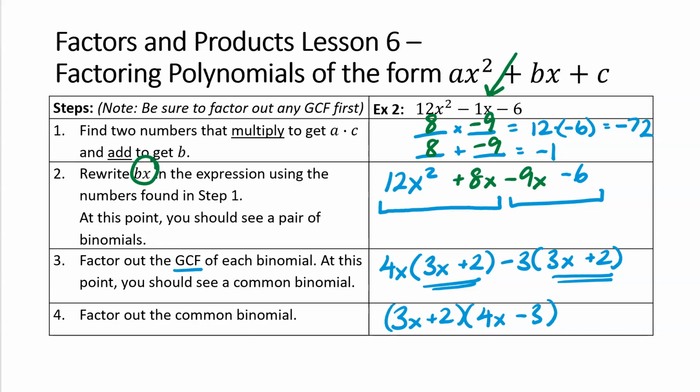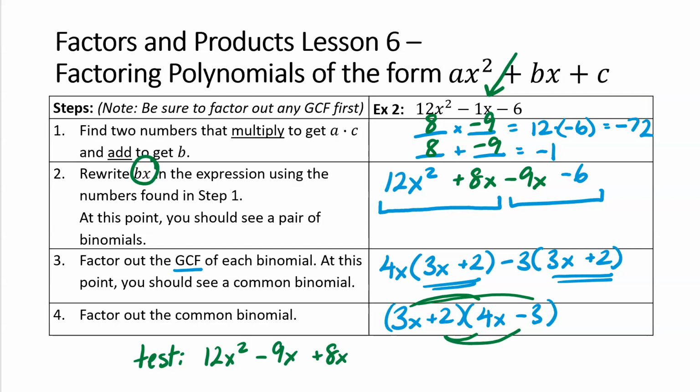Now, if you wanted to, you could test this out. With any factoring, you can always test to see if you're right or wrong. All you have to do is multiply your factored form and make sure it looks like the original form. So let's do that. 3x times 4x is 12x squared. 3x times a negative 3 is a negative 9x. 2 times 4x is a positive 8x.